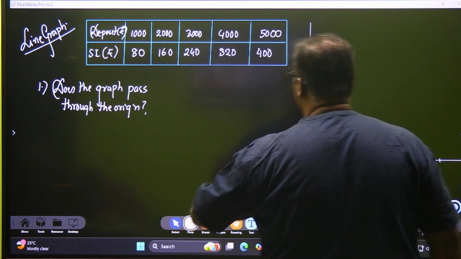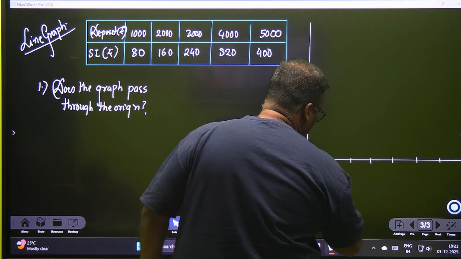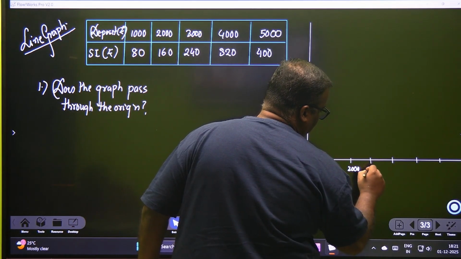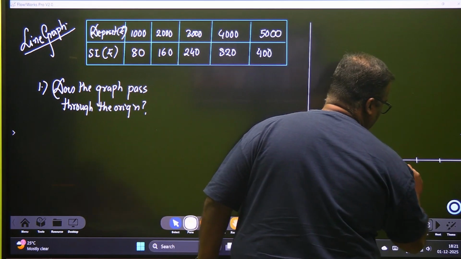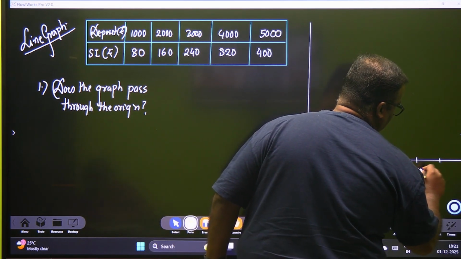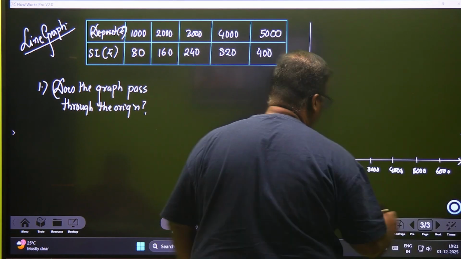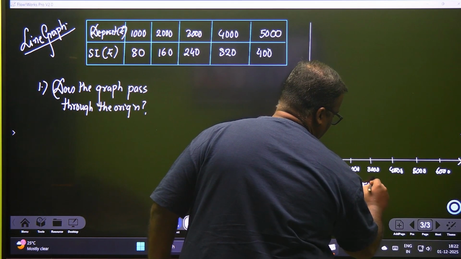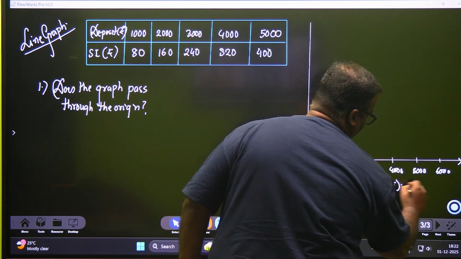We won't have much time left. Let's do this. So I can make this 1000, 2000, 3000, 4000, 5000, 6000, or you can write 1 2 3 4 5 6 in thousands of rupees. So this is your deposit, and the deposit is in Indian rupees, which is shown on this side.